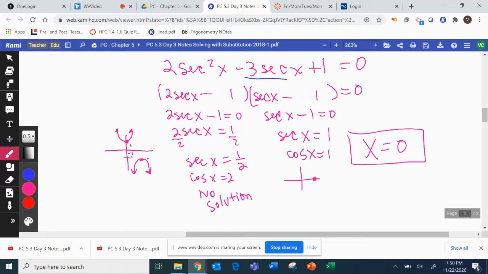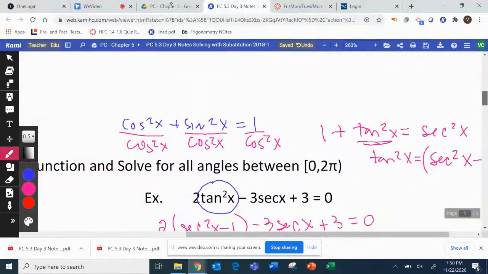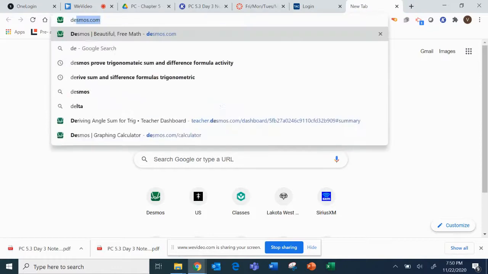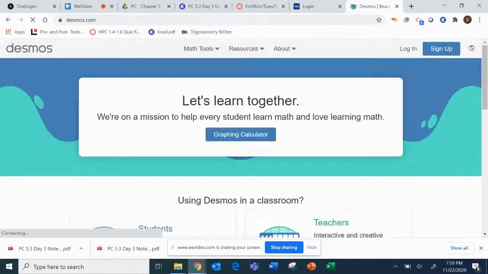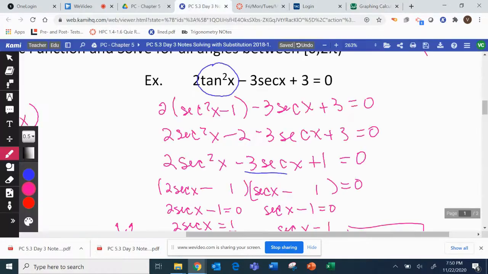Now, if you're unsure if you're doing these correctly, we can check them in Desmos. I don't have Desmos open yet. I'm going to open it, so it'll take an extra second. But let's see. This one was called 2 tangent squared x minus 3 secant x plus 3.